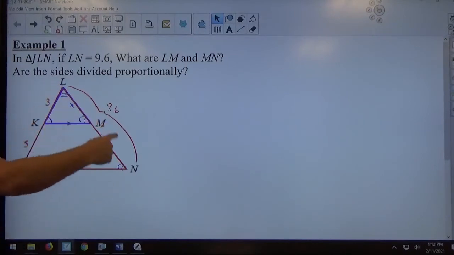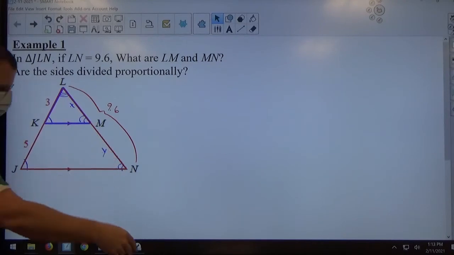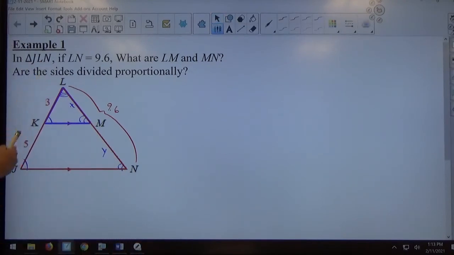So this side here, this 9.6, is the length of this side of the big triangle. And LJ, which is going to be 8, is the length of this side of this triangle. Those two sides are proportional to the smaller sides, 3 and X, in the smaller triangle. If you look at similarity of pieces, I could keep it in the current state, or I could separate it into two separate triangles if I'm having trouble seeing it.